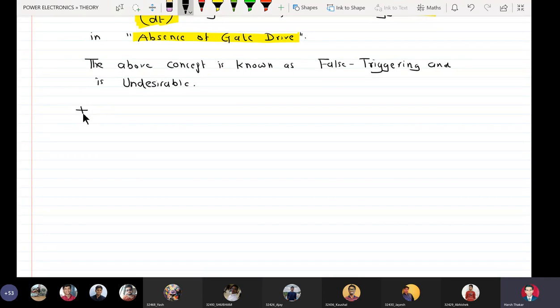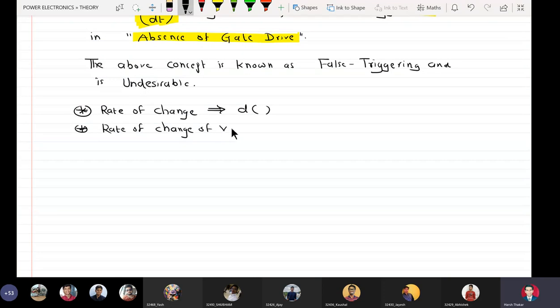So when I say rate of change, it means d, is it not? When I say rate of change of voltage, it means dV.